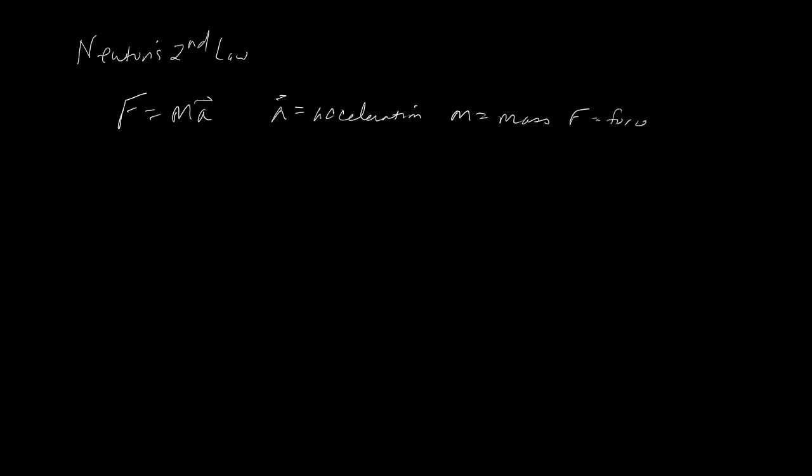So Newton's second law: F is equal to ma. Force is equal to the mass times the acceleration. So a is our acceleration, m is, of course, the mass, and F is the force. Okay. So on Earth's surface, every object having mass experiences an acceleration due to gravity. So we can write that as F is equal to negative mg in the j direction.